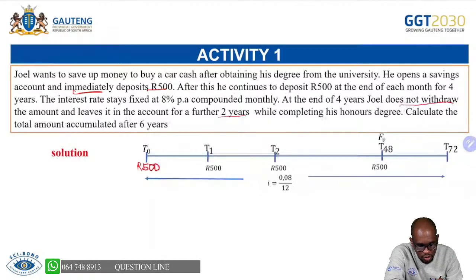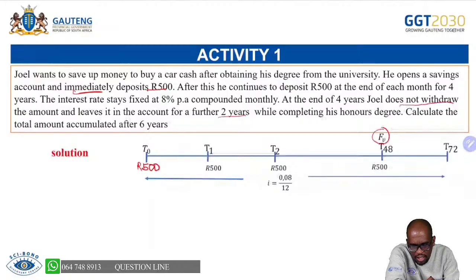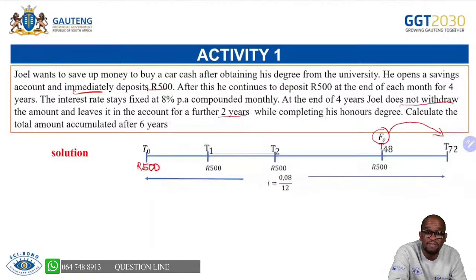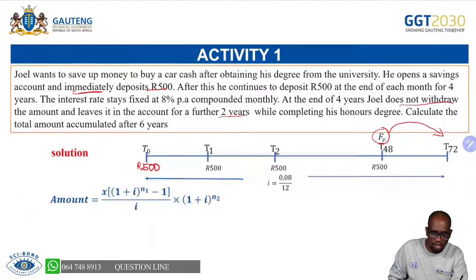Then after 4 years, at T48, that's where we get our future value, but he does not withdraw, he leaves it to grow still. So we are going to have that variation which I spoke to you about.